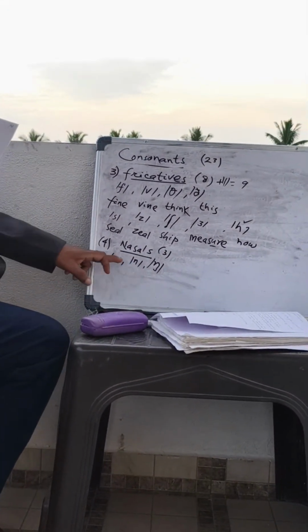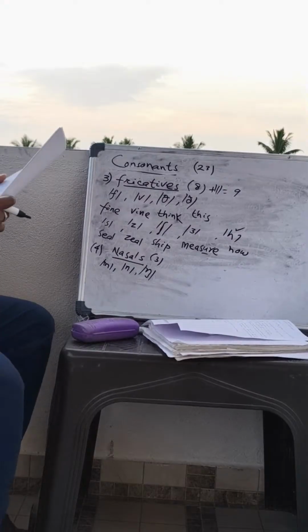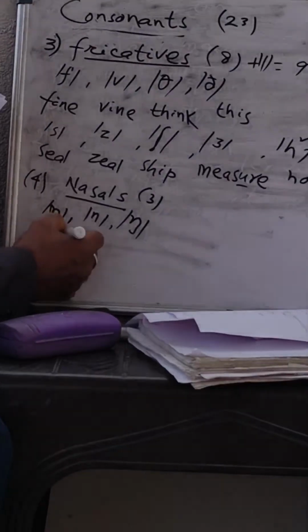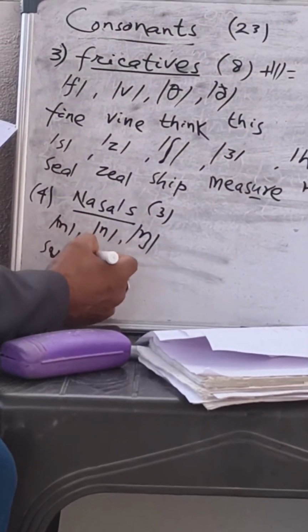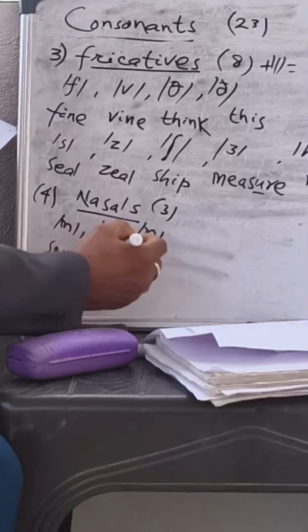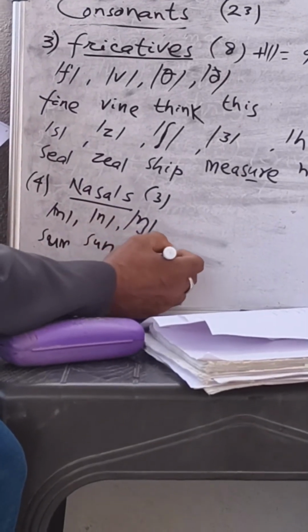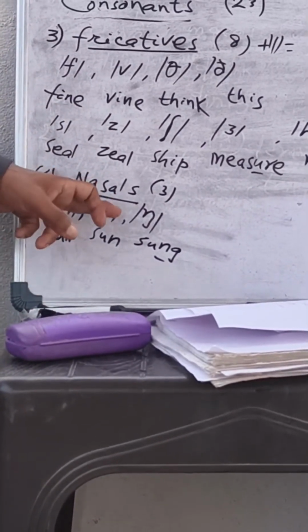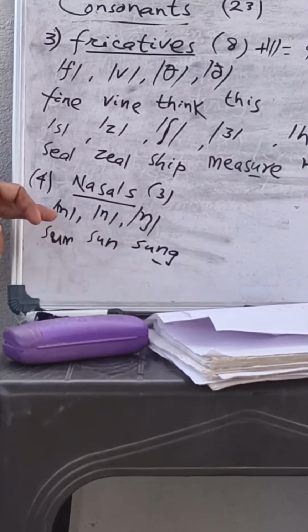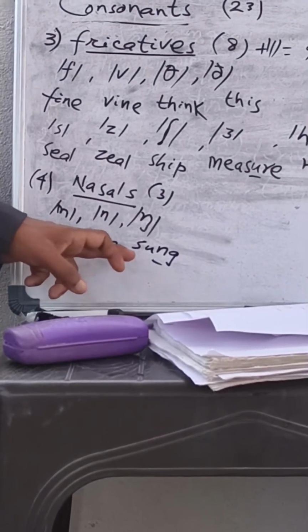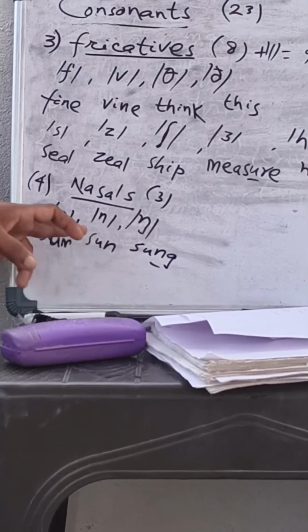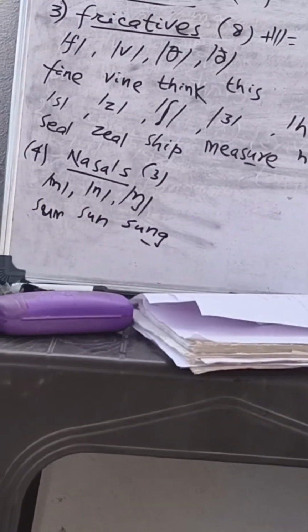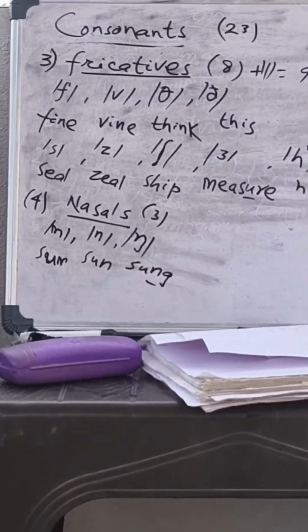Please remember m, n, ng. Some, sun. This is the symbol for ng, as in morning, sing, swimming. It is m, n, ng. There are three in number.